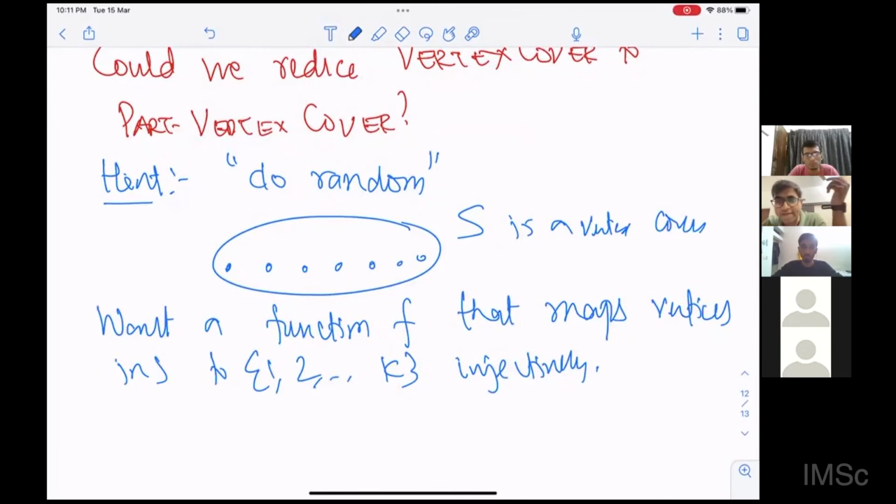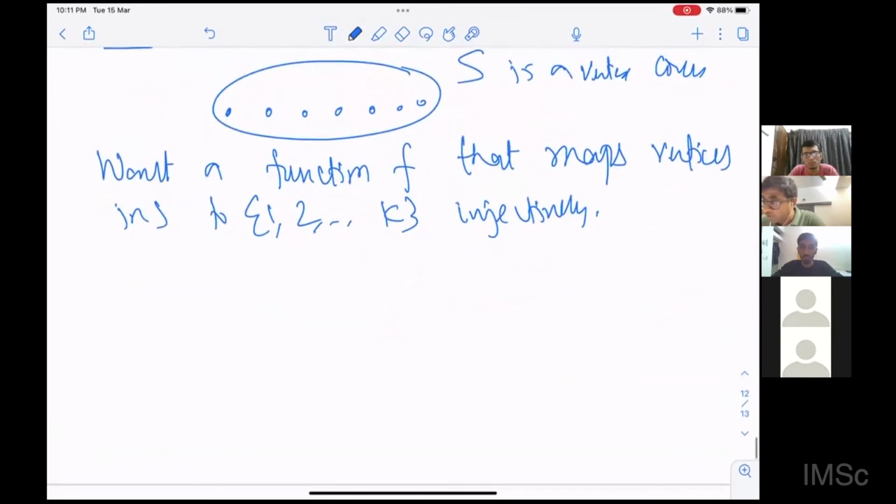If I can come up with an f so that every vertex in S goes to a different part, then we are happy, because then I have reduced my problem from vertex cover to a partition vertex cover, and then I can solve the problem in polytime. Maybe. So this is the kind of f we want: every vertex in S gets a different part or different color. No two vertices get the same color. It becomes colorful.